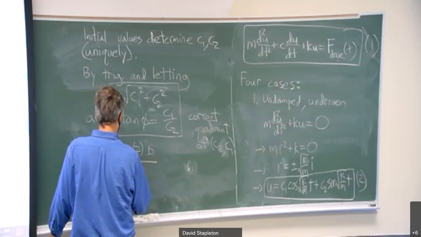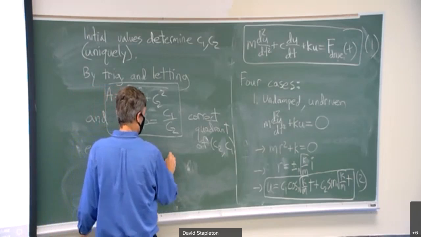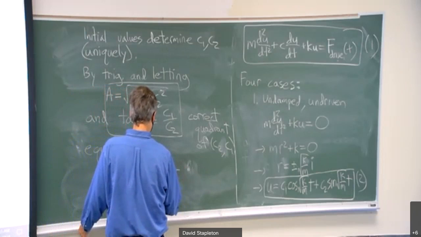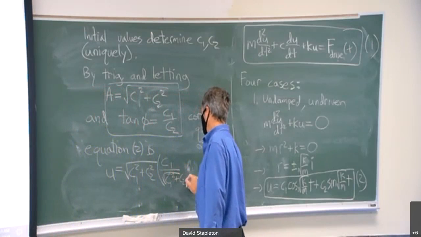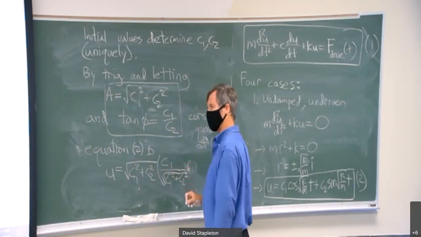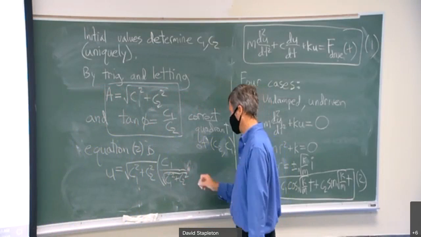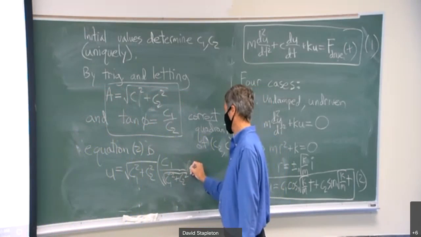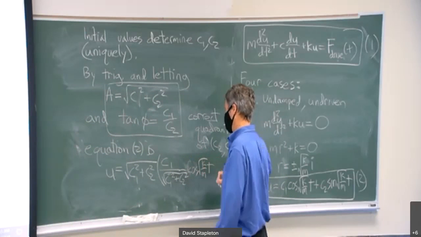square root C1 squared plus C2 squared times C1 over square root C1 squared plus C2 squared, cosine square root K over M T, plus C2 over square root C1 squared plus C2 squared, sine square root K over M T. This is all easy tricks in algebra, but it goes fast enough to be confusing, so stop me if I go too fast.